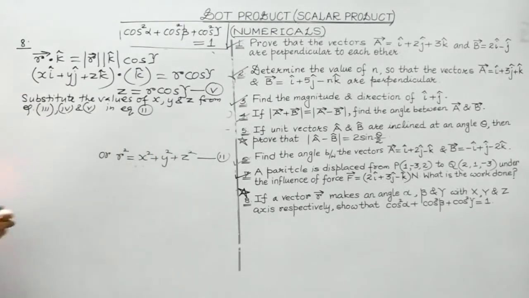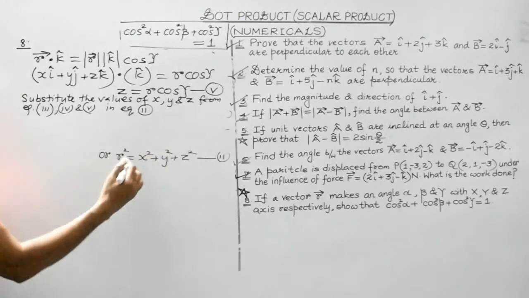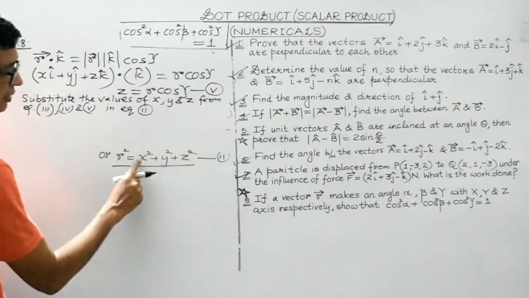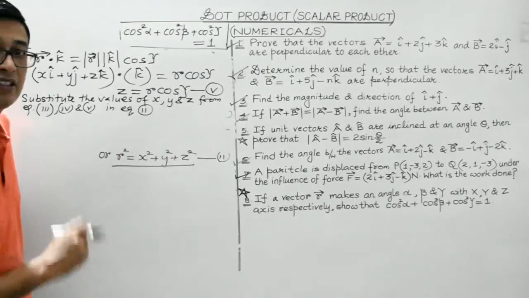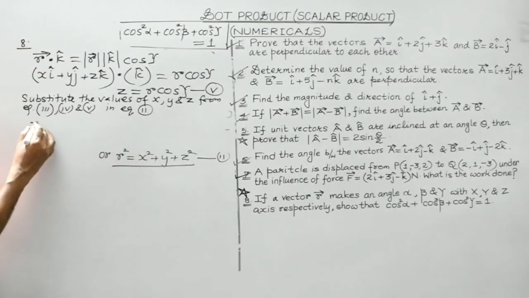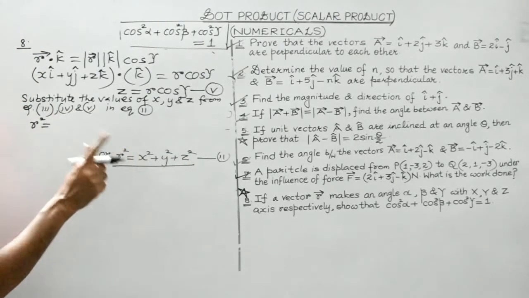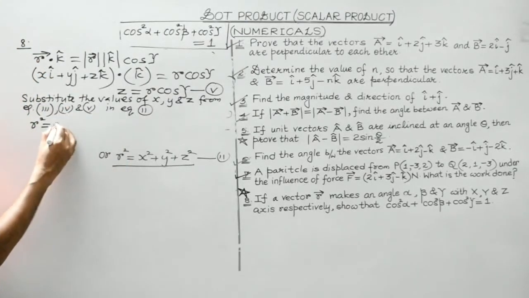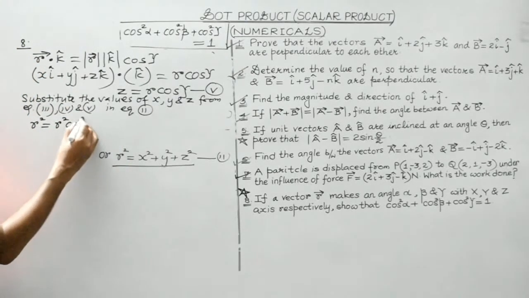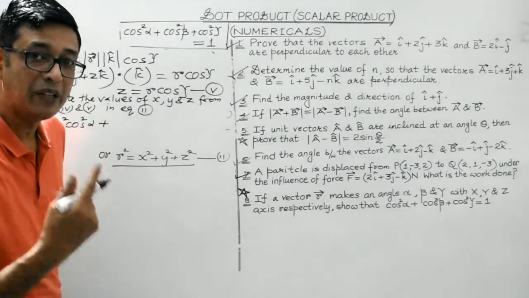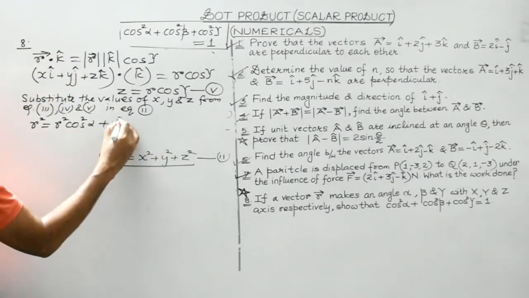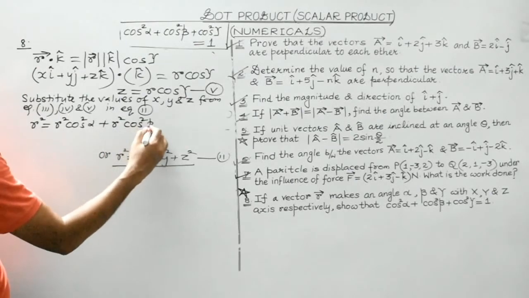So what we get is, this is the second equation. Here we are supposed to substitute the values of x, y and z obtained in equations 3, 4 and 5. So r square is equal to, x is equal to r cos alpha, so it will be r square cos square alpha. y we have proved is equal to r cos beta, so y square would be r square cos square beta.